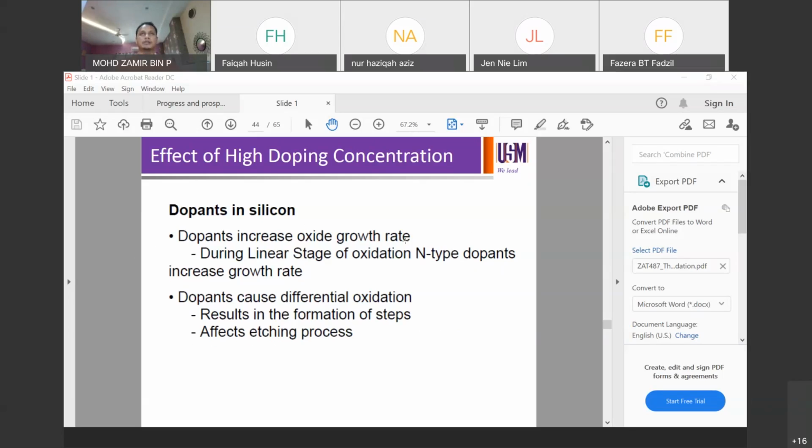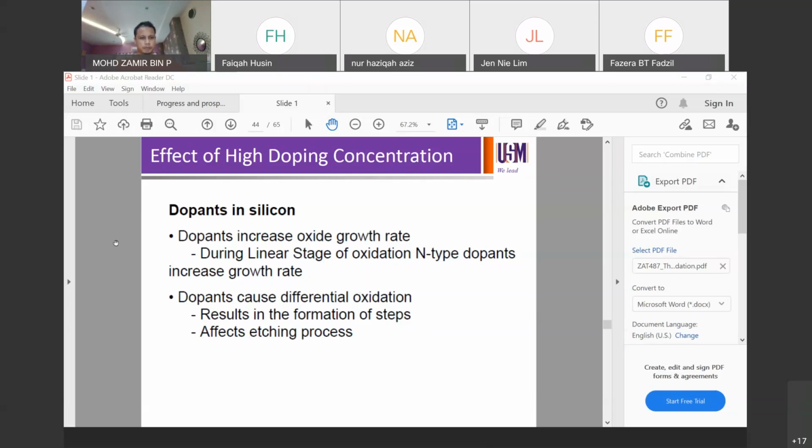If you compare with another process which utilizes lower doping level of silicon, you're going to end up with higher thickness in comparison to the lower doping. Okay, so during linear stage of oxidation, n-type dopants increase growth rate. So if you're talking about n-type, you're going to have the higher growth rate, particularly in the linear stage of your oxidation process. So that's your earlier part, your phase 1, before it turns into parabolic.